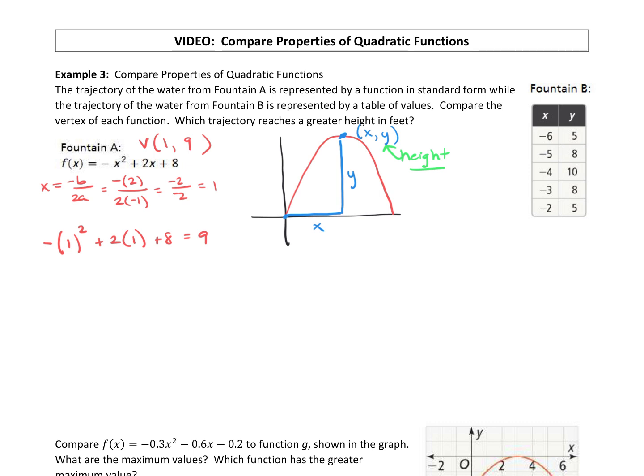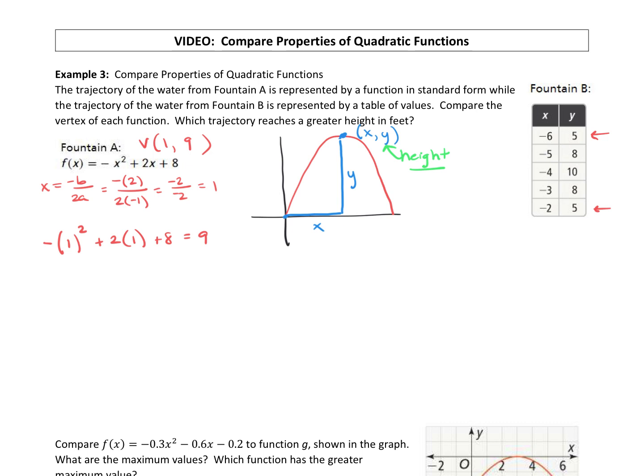What I notice is we have a y value of 5 and a y value of 5. The x values are different, negative 6 up 5, negative 2 up 5. Those points are reflection points. So the vertex is somewhere in the middle of that.